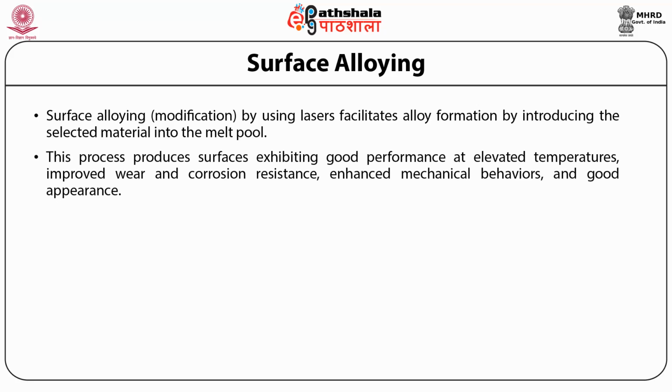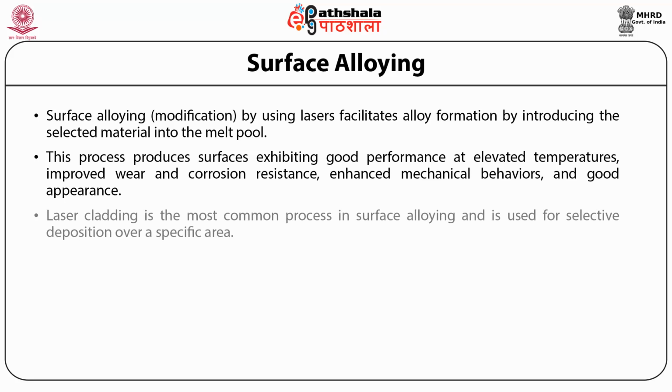This process produces surfaces exhibiting good performance at elevated temperatures, improved wear and corrosion resistance, enhanced mechanical behaviors, and good appearance. Laser cladding is the most common process in surface alloying. Laser cladding is used for selective deposition over a specific area.